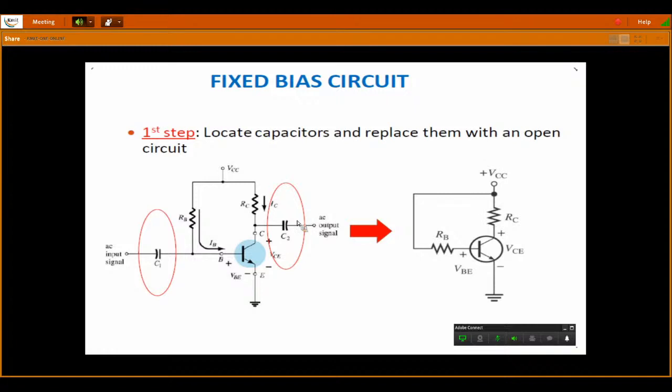Out of the two coupling capacitors, one is connected at the input, the other at the output. In order to take the output across the load resistor RL, we take the output across your collector terminal.